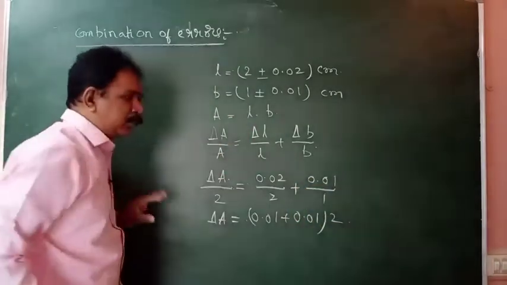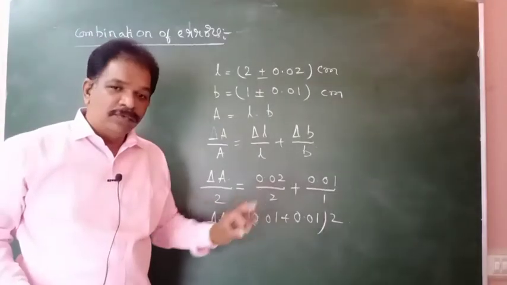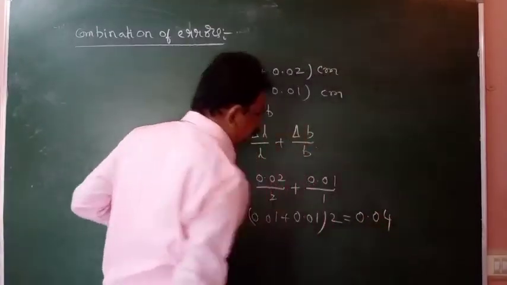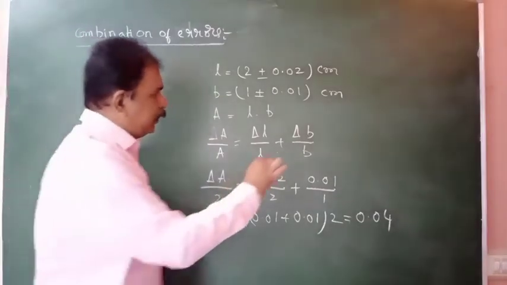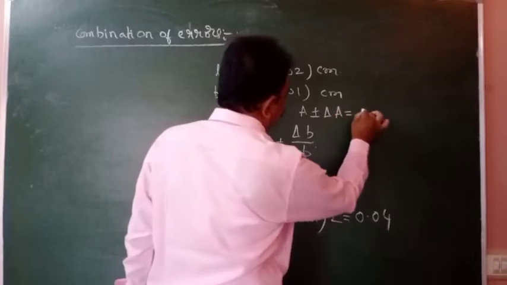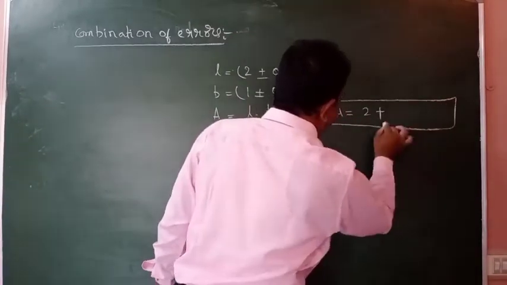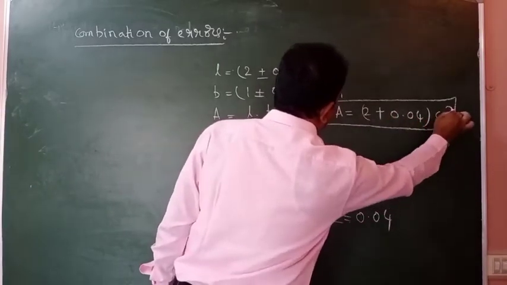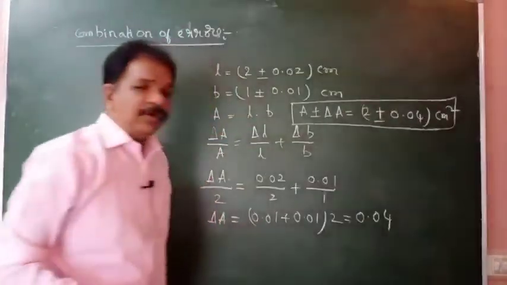These two will come to this side, 2. So 0.02 into 2, this value is 0.04. Then what is the area value here? A plus or minus delta A is equal to, area will be 2, and this value we got, 0.04 centimeter square. Like that we have to do the problem.